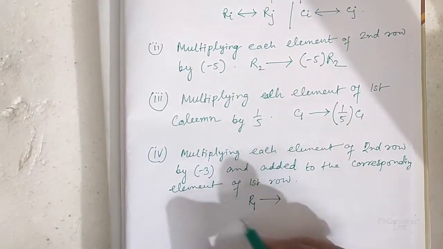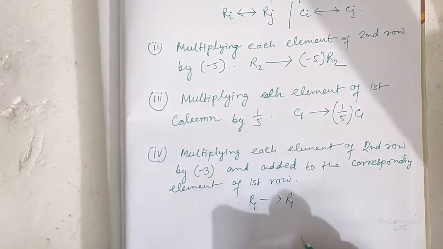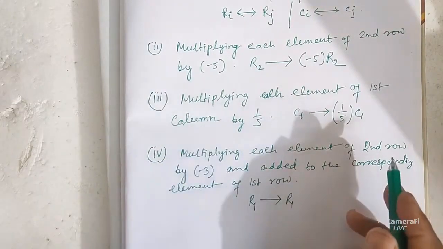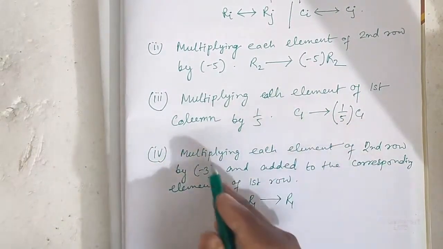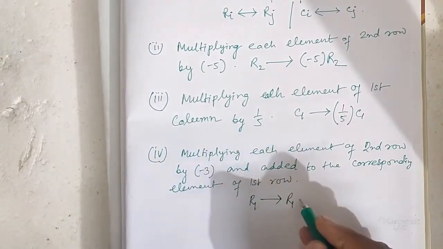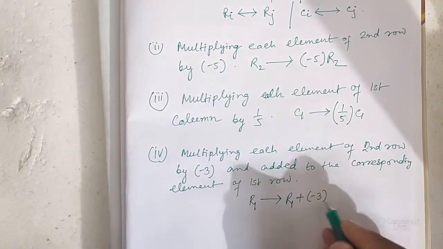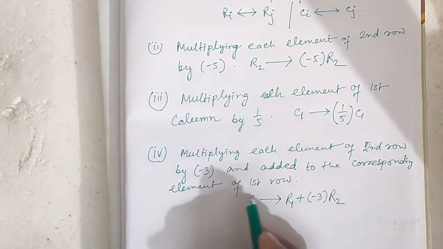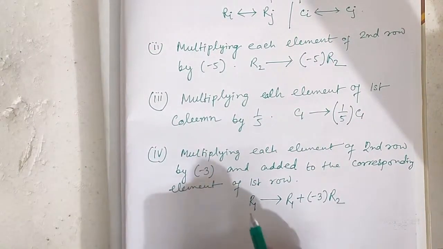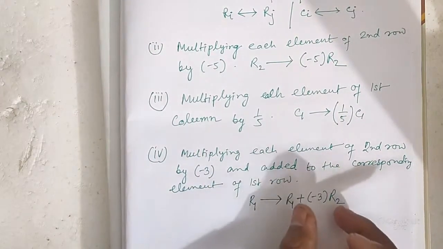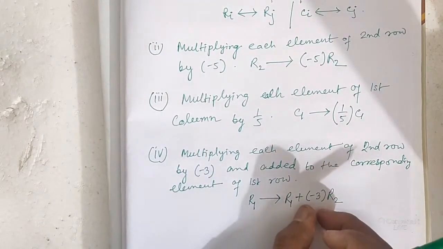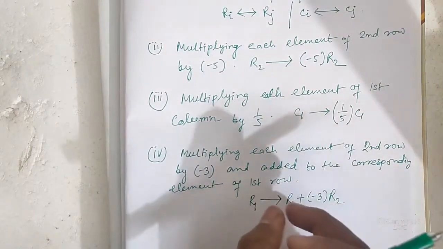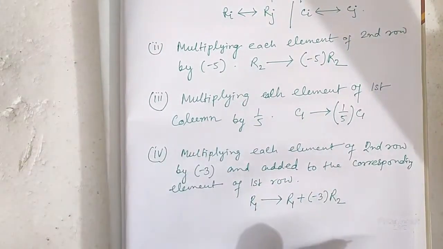So the row which we are changing, that will be fixed. And you have to multiply the corresponding elements of another row with a scalar. Here the scalar is -3. So -3 of row 2, the second row. Row 1 I am changing. How to change row 1? We have to multiply any scalar with another row and then add those corresponding elements to the row which we are changing.